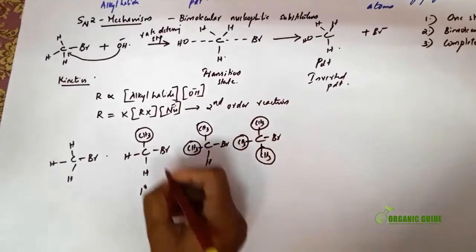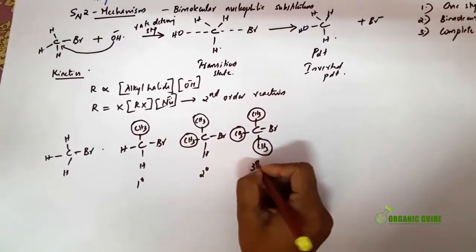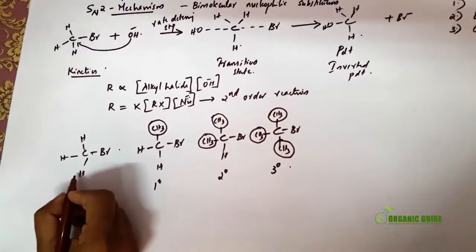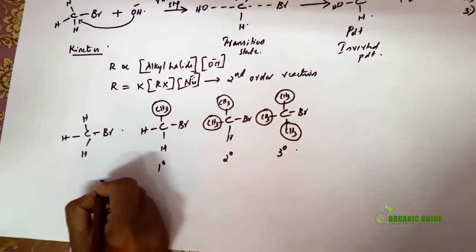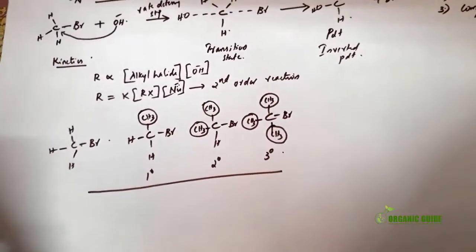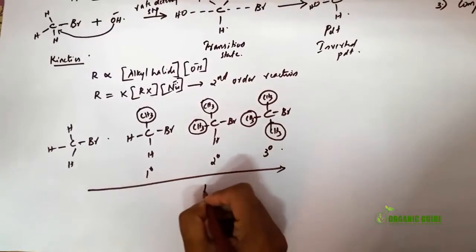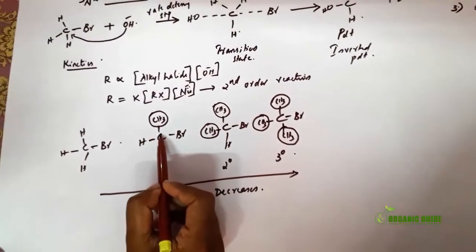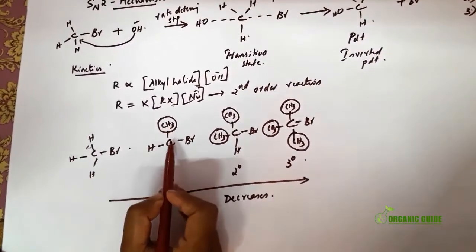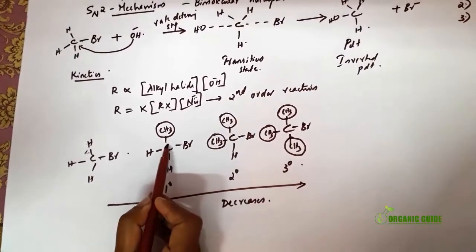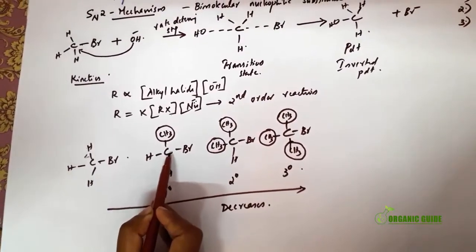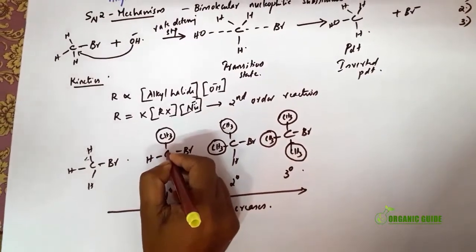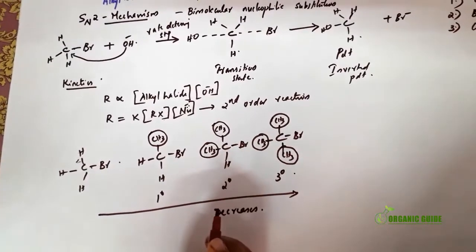This is primary alkyl halide. This is secondary alkyl halide, and this is tertiary alkyl halide. As we compare, the reactivity is more for the methyl group. For the SN2 reaction, the reactivity order decreases in this order. This is because when these hydrogens are replaced with bulkier groups such as alkyl groups, this carbon will be hindered for the attack of the nucleophile. That is, the bulkier group will cause steric hindrance on this carbon.